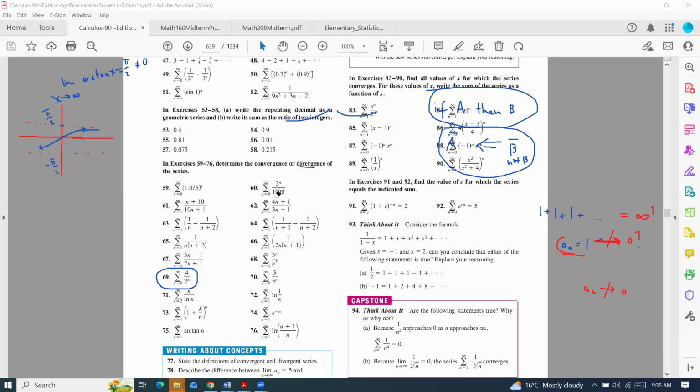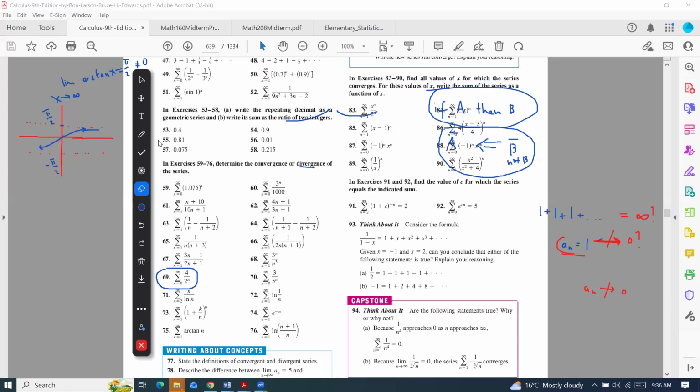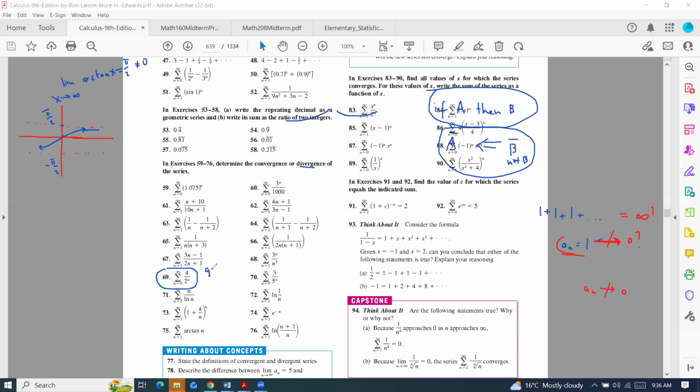Whenever I say the word geometric series, it means we keep multiplying to produce the terms. Here the ratio is 1/2, so we just multiply by 1/2 each time. And the ratio is less than 1. We just had that theorem.